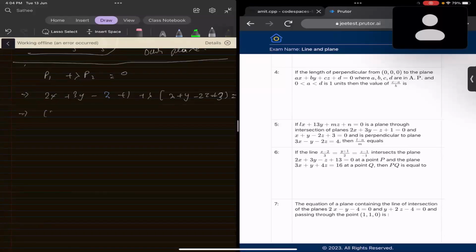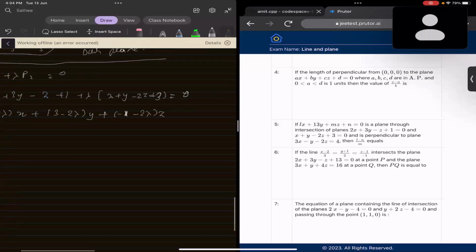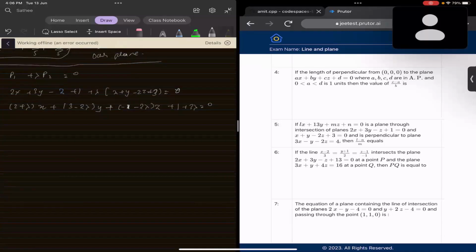So this becomes (2 + lambda)x + (3 - 2 lambda)y + (-1 - 2 lambda)z + (1 + 3 lambda) = 0. Okay, so this is basically our family of the plane.